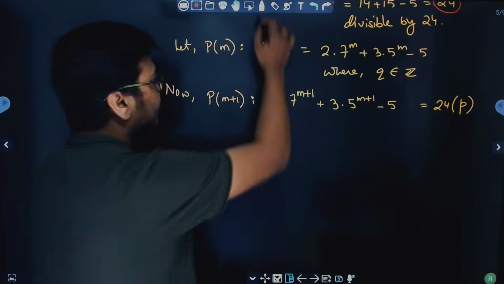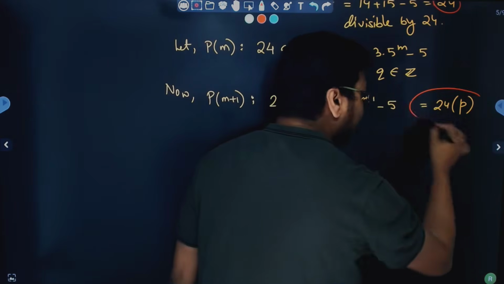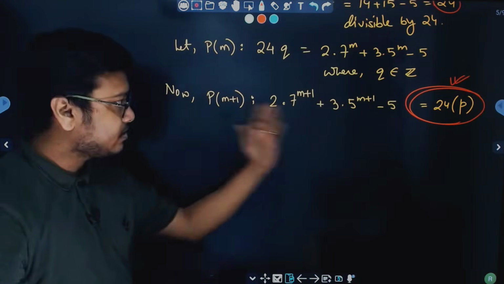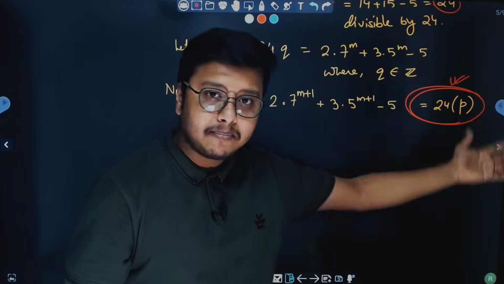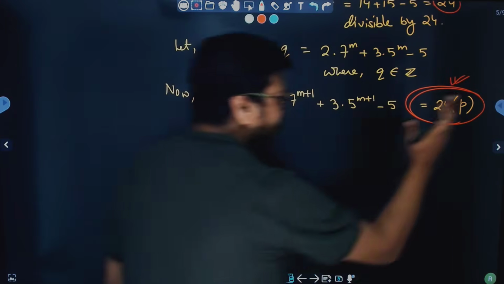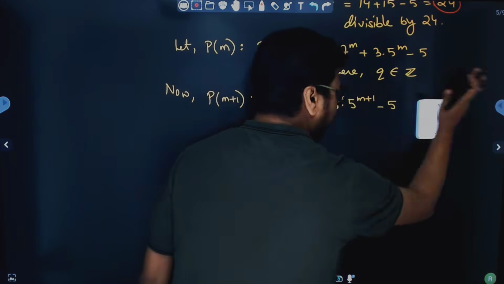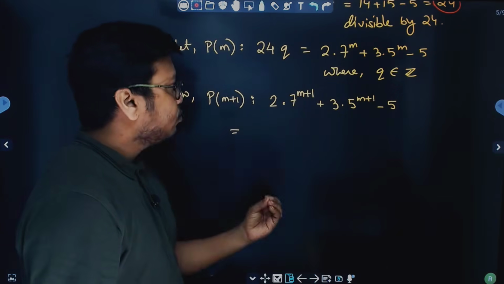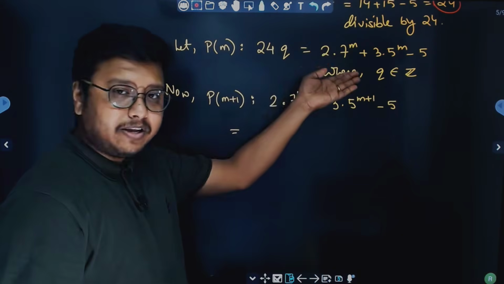So this is something that we are trying to show: this is equal to 24 times some integer. It can be any integer. All right, now let's forget about this and get started with our manipulation. We need to do some substitution from our previous line.